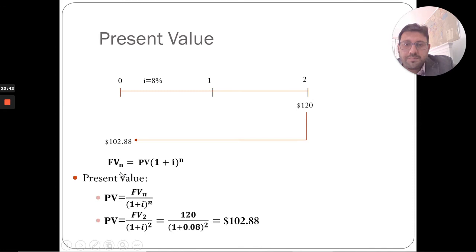In that case, we have the same formula, and we simply algebraically rearrange it. Present value is getting multiplied by 1 plus I raised to the power n, but we divide both sides by it, so that we are left with the present value alone on the left-hand side. So the present value equals the future value after n time periods, divided by 1 plus the interest rate raised to the power n.